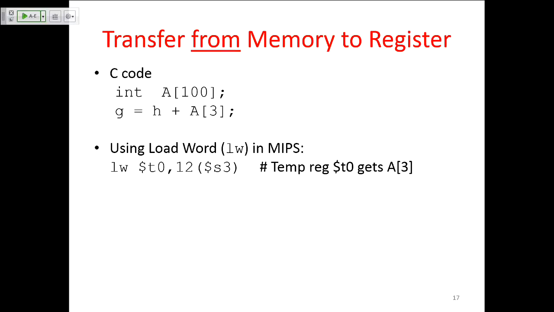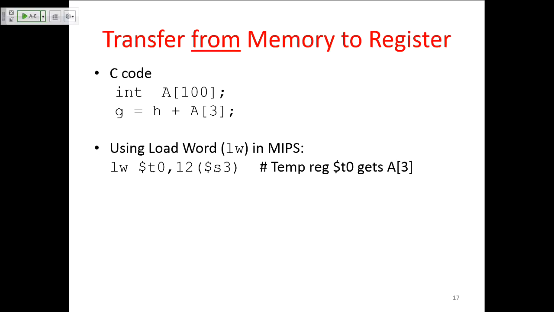We're going to use $s3 as a pointer. The content of the $s3 register will be a pointer to the beginning of this array in the memory. Remember in the previous slide I showed row 0, row 4, etc. That memory address, 0, 4, 8, 12, etc., will be the content of this register $s3.